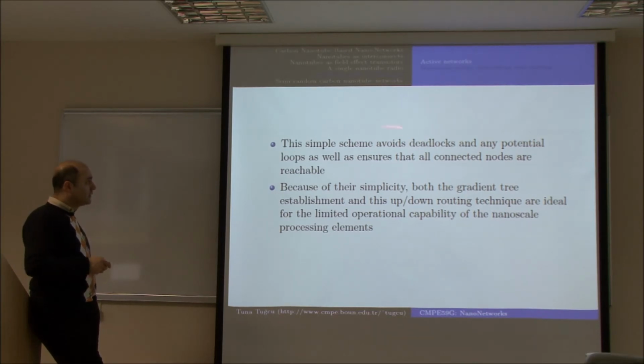So this scheme will avoid deadlocks and it will also avoid loops or cycles. And it will also make sure that all connected nodes are reachable. Since this is a very simple method, both the gradient tree establishment and this up-down routing technique are ideal for the limited computing capability of these nanoscale devices.